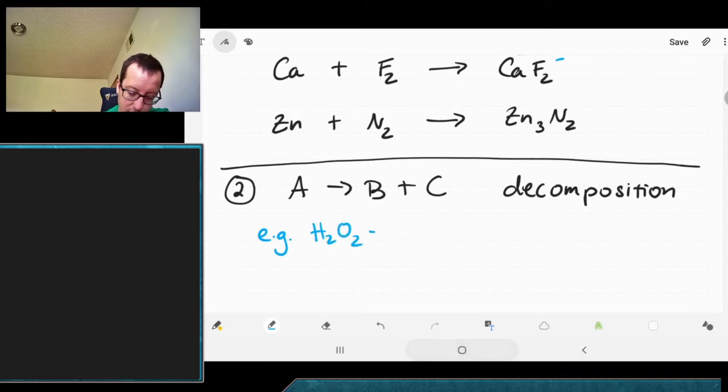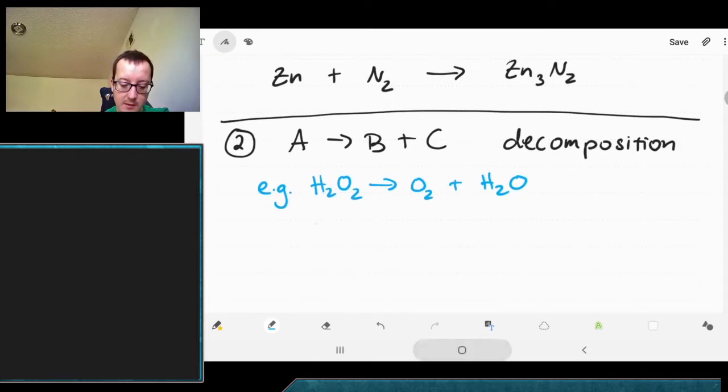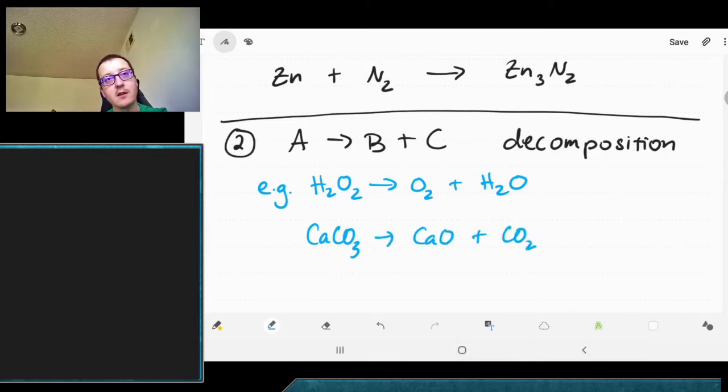Hydrogen peroxide will break down into oxygen and water. Let's see, calcium carbonate will turn into calcium oxide plus carbon dioxide. These are just examples of decomposition.